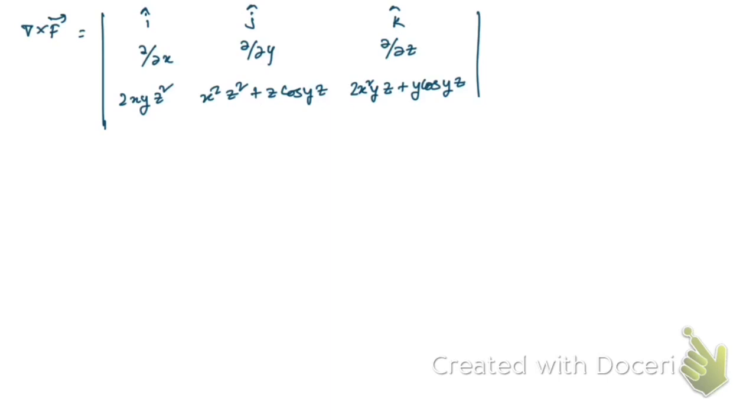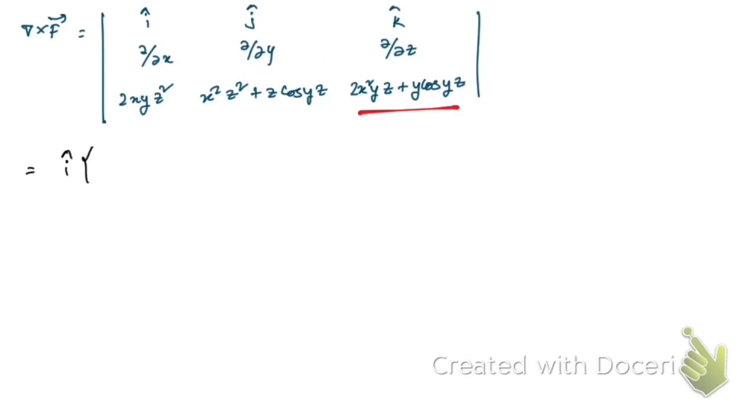If we get this equal to 0, then that means the line integral is independent of the path of integration. So now for i cap, we have to operate with this operation.